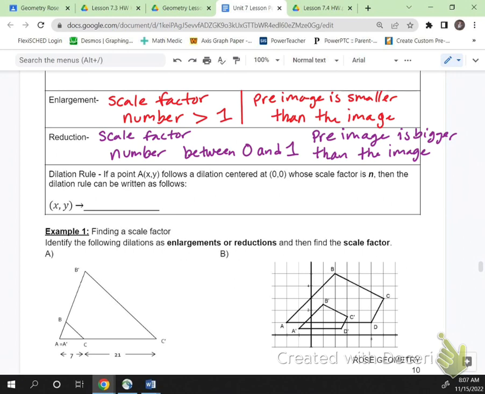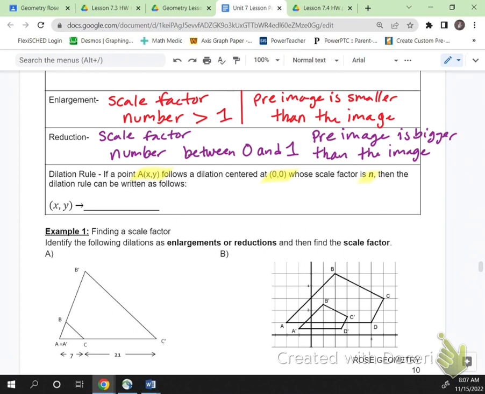Dilation rule. Like we do with all the rules so far, we're going to start with some point A (x, y). The dilation is always going to be centered at (0, 0). Okay, so we're not doing any dilations around lines or other points. It's always going to be dilation around (0, 0). And we've got a scale factor n. Okay, n is going to represent the scale factor.